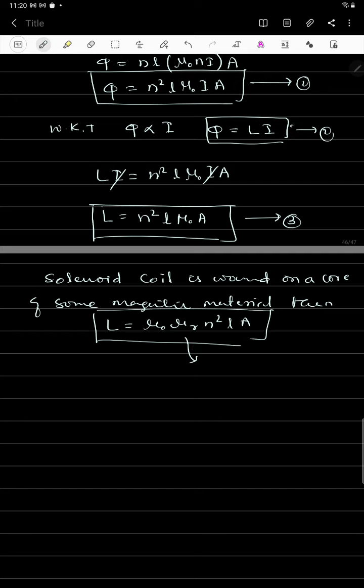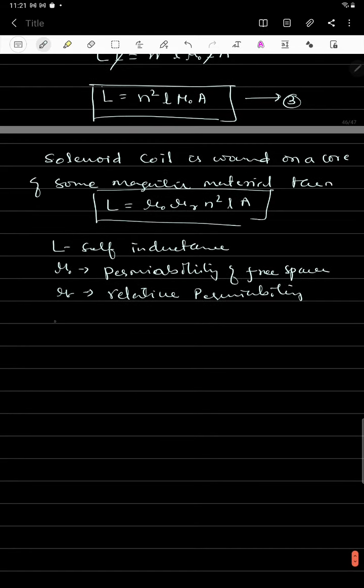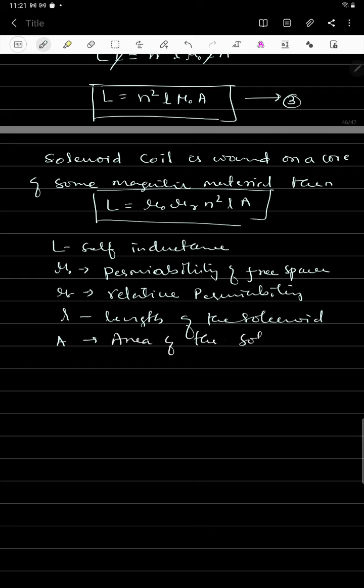So here L is the self-inductance, and mu naught is the permeability of free space, and mu r is the relative permeability, and L is the length of the solenoid, and A is the area of the solenoid.